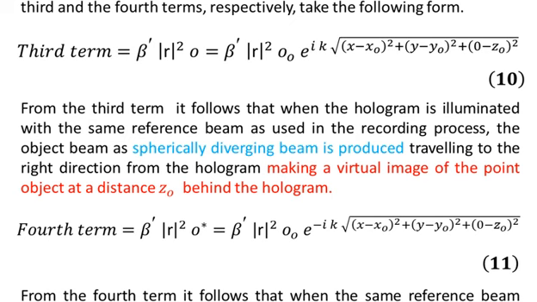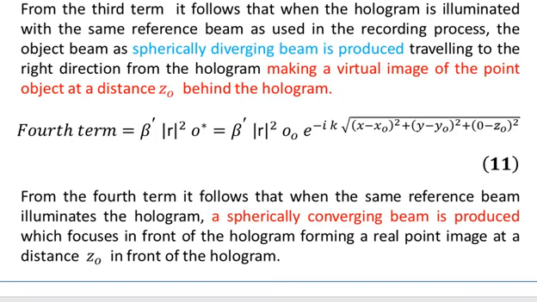Here we had the term r multiplied by r star, that's why we have written r mod square. And you know that the right hand side of equation number 10 tells you that a spherically diverging beam is produced traveling to the right direction from the hologram, making a virtual image of the point object at a distance z not behind the hologram, at the original location of the object.